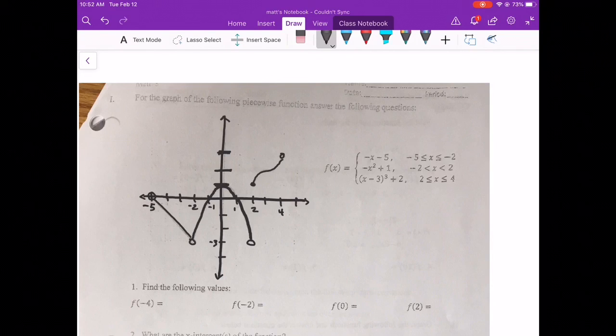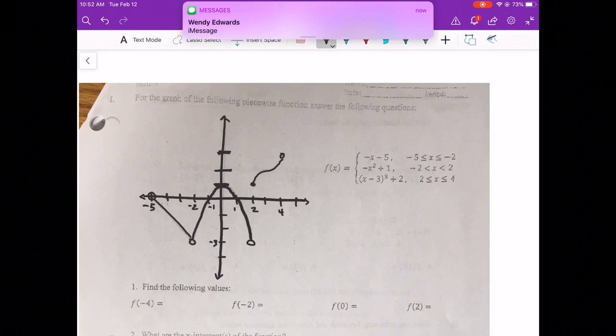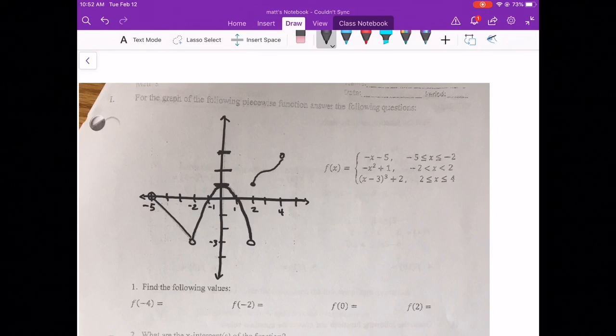Notice because it's less than symbols and not less than or equal to, these are open circles. Then just after the parabola ends, so at 2, from the section of the graph that's 2 to 4, you've got this cubic that has been translated right 3 and up 2. So that's a small piece of our cubic function that's been translated right 3 and up 2.